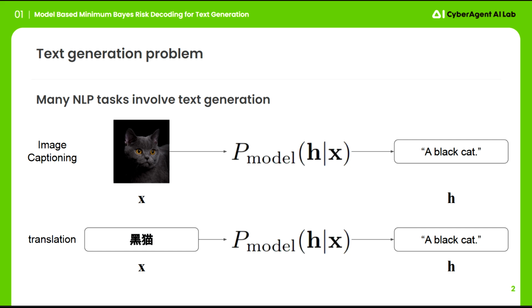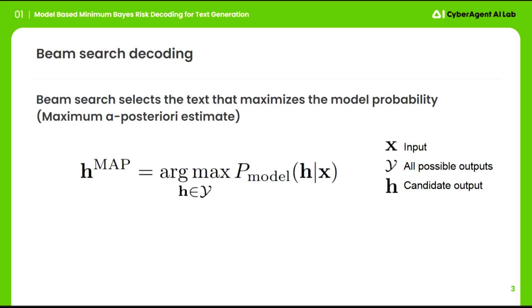For example, in translation you're given "this is a black cat" in Chinese, and then the model is going to translate it into English, "a black cat". So we're interested in using this P model to generate interesting or useful text. That's the text generation problem.